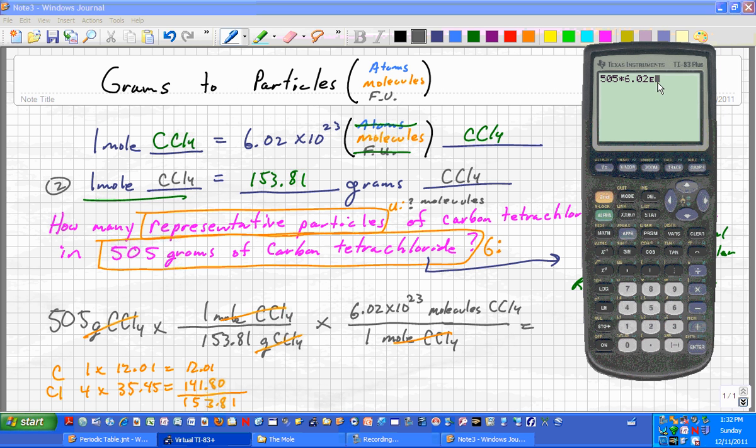That right there is my times 10. So the next thing that comes into play is my exponent. Now I'm going to hit enter here. What that does is it finishes up the calculation on top and I'm ready to divide by whatever's on the bottom. I'm not going to divide by 1. That's not going to change a thing, but I am going to divide by the 153.81. Hit enter, and I get 1.97 and so on.